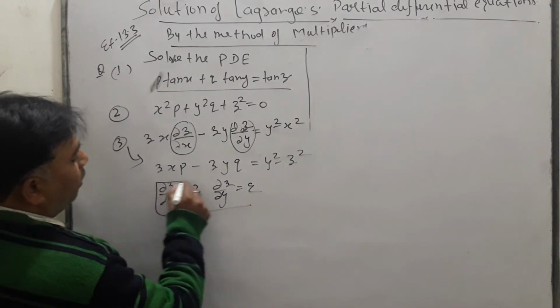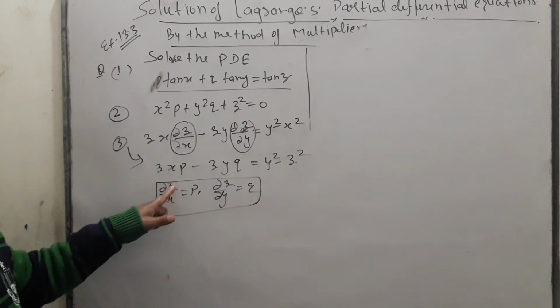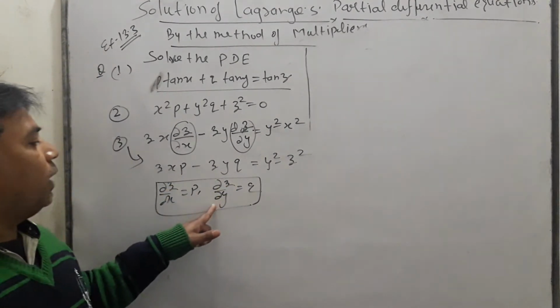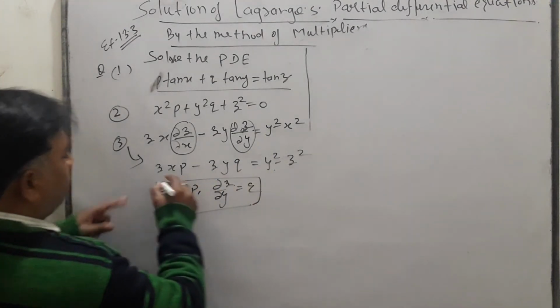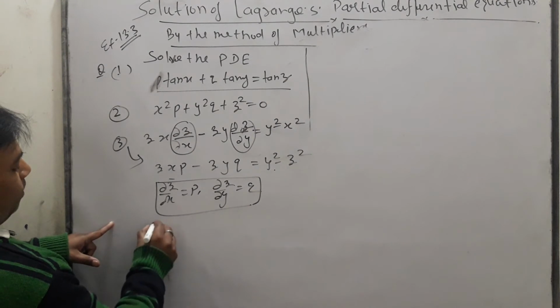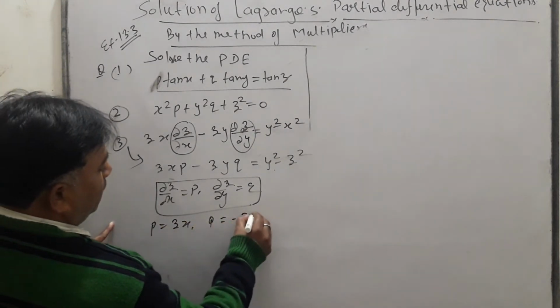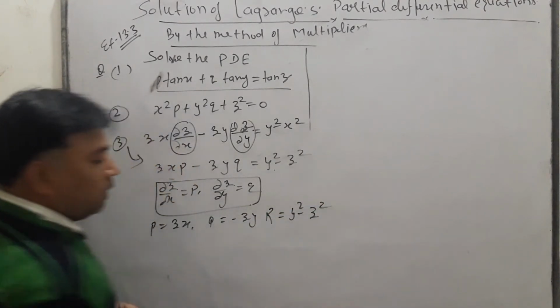This is the symbol of the partial differential equation: z with respect to x is represented by p and z with respect to y is represented by q. Changing this equation to standard form and comparing, P = zx, Q = -zy and R = y² - z².